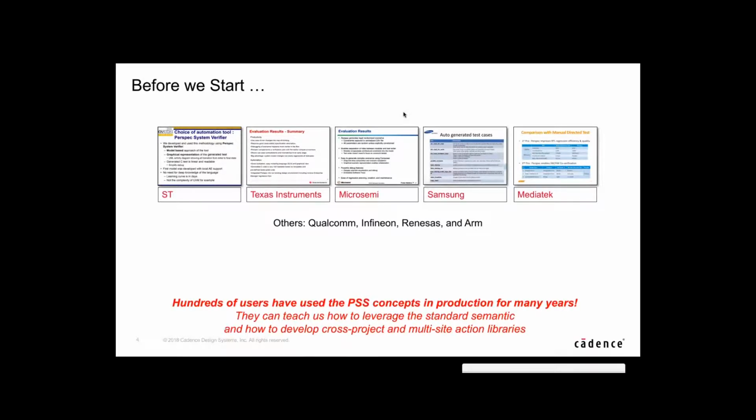This is the Cadence PSS tool, which was adopted. So terms like actions, input and output, components, resources, pools, and resource planes. All these were uniquely introduced by Cadence. That was in 2011, and you can see that some of the users have used graph technologies before and moved to what is now PSS.